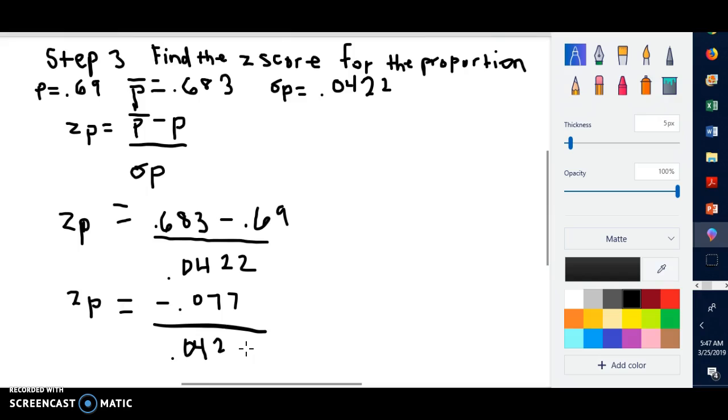If you divide negative 0.007 by 0.0422, this is what you'll get: z equals a long number, negative 0.1658768.